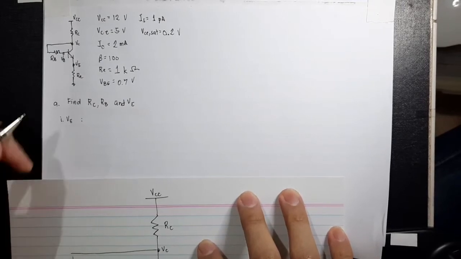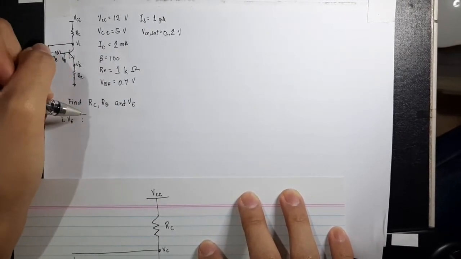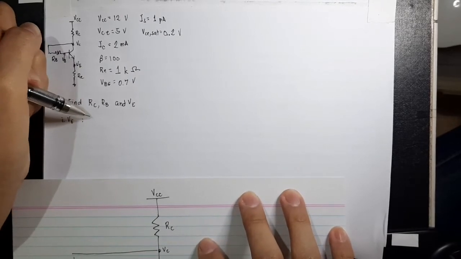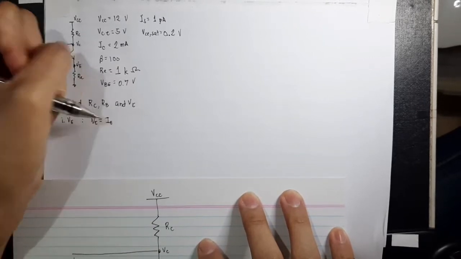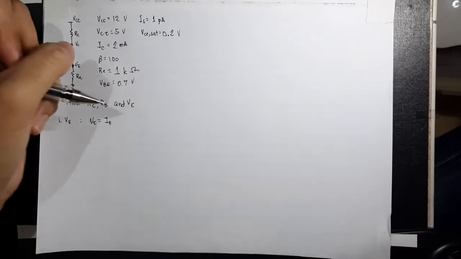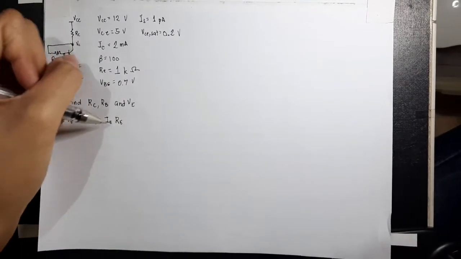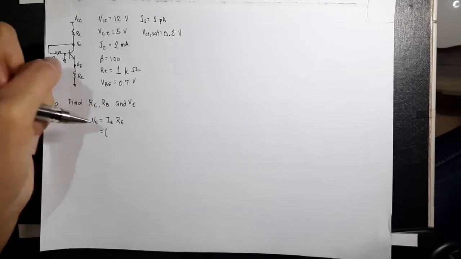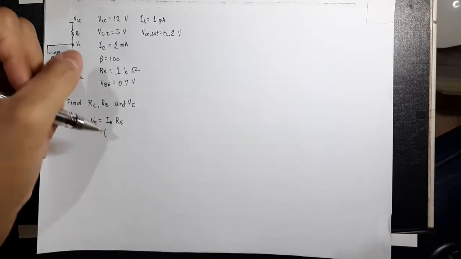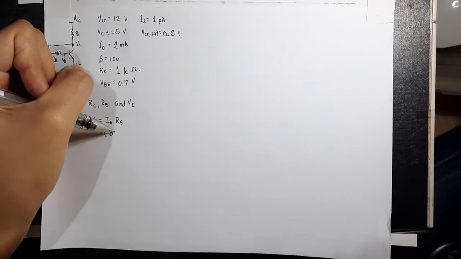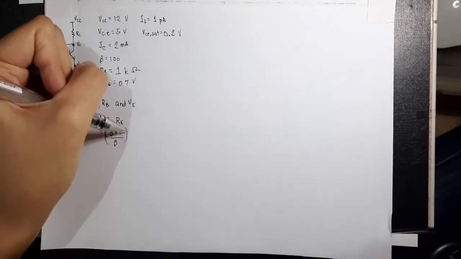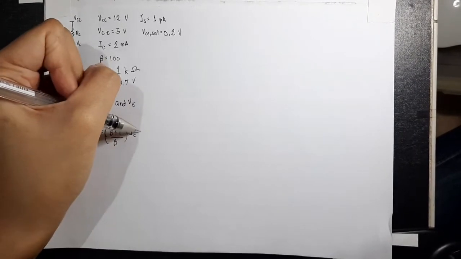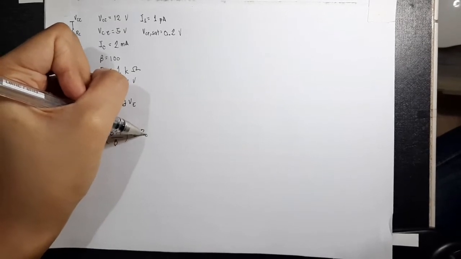So, for finding VE, VE equals IE, the current flowing through here, multiplied by the resistor RE. But IE is equal to beta plus 1 over beta multiplied by the value of our IC current, times RE.